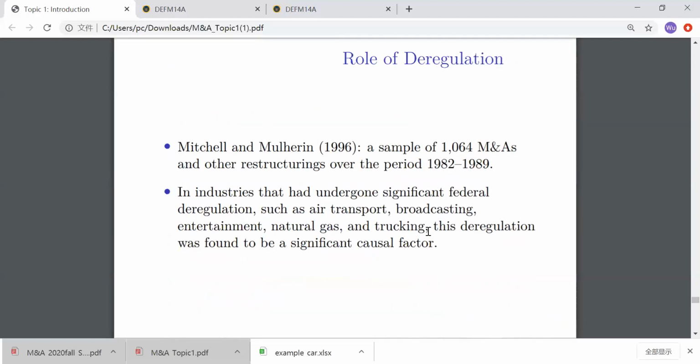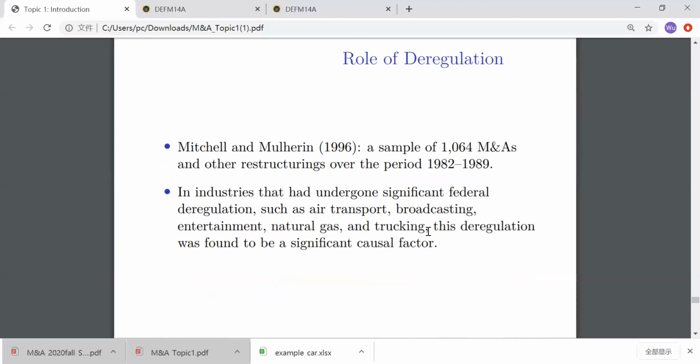Finally, the role of deregulation. Deregulation also plays a very important role here. Mitchell and Mulherin in 1996 have a sample of 1,064 M&As over 1982 to 1989.